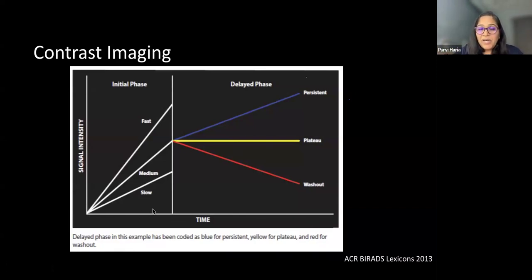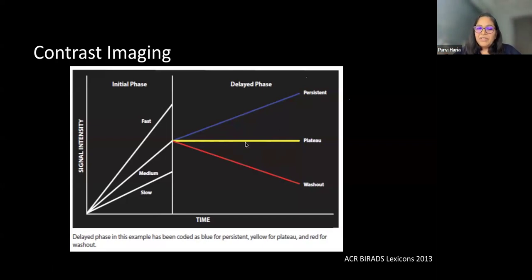Now this kinetic curve has an initial upslope. It goes to a maximum signal intensity, and then it starts to fall down, or there is a second phase, which we call the delayed phase. In routine conventional dynamic images, we use this washout kinetics to talk about what's happening with the disease.